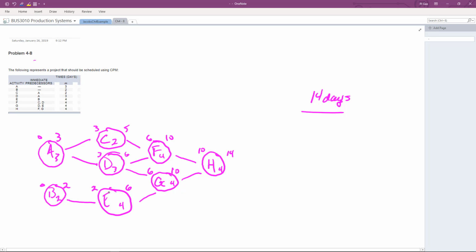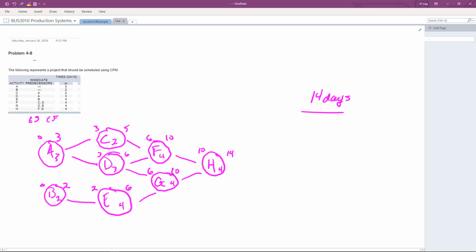All right. But what we can see if we go to A3 to C2 is that if we start everything as early as possible, and again, now you might be understanding why they're called early start, early finish. We're thinking in terms of if we start everything as early as possible, then C2, if you're a person working on C2, you're sitting around for a week waiting for D3 and E4 to get finished.